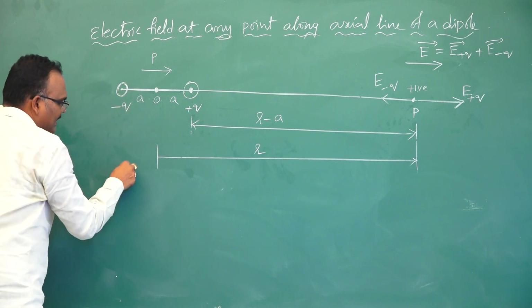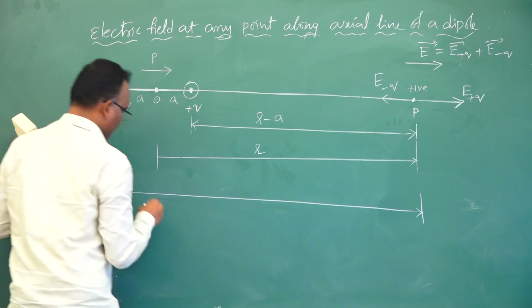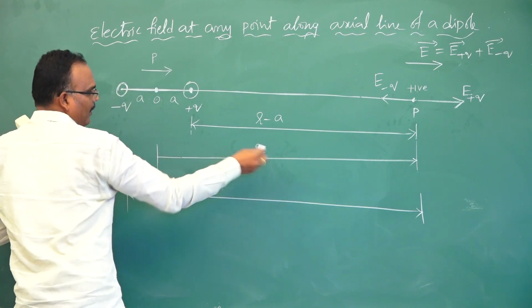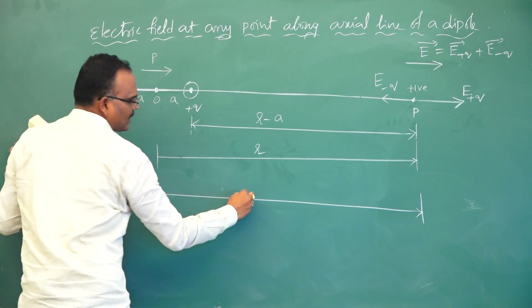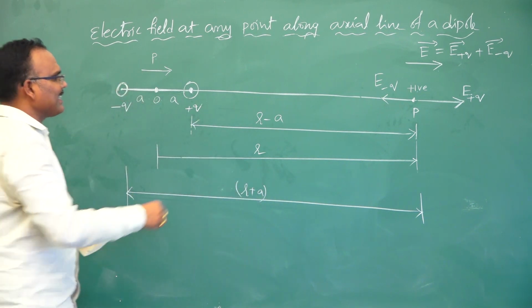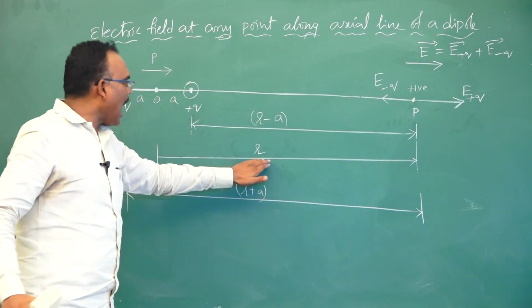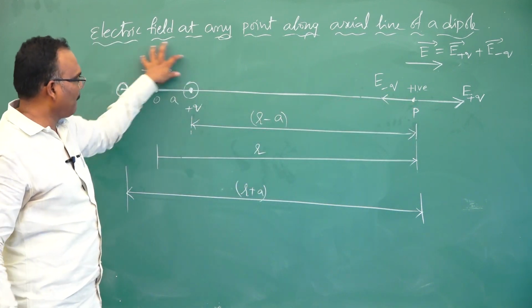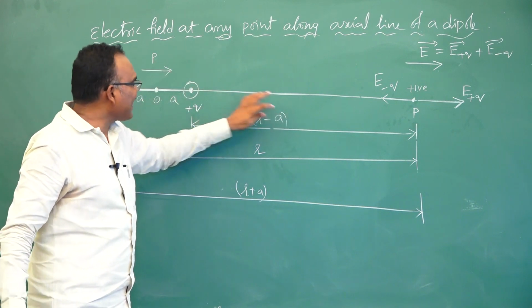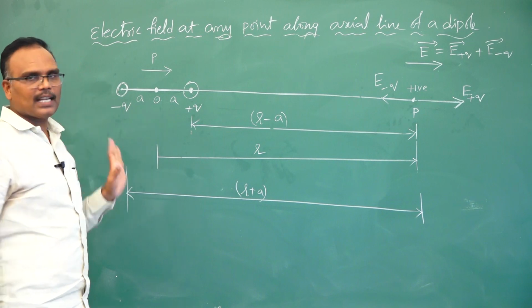Similarly, it is at a distance, see from here to here r, and this is a, so this is r plus a. Now I know clearly the distances. This point is at a distance r from the dipole, r minus a from the positive charge, r plus a from the negative charge.